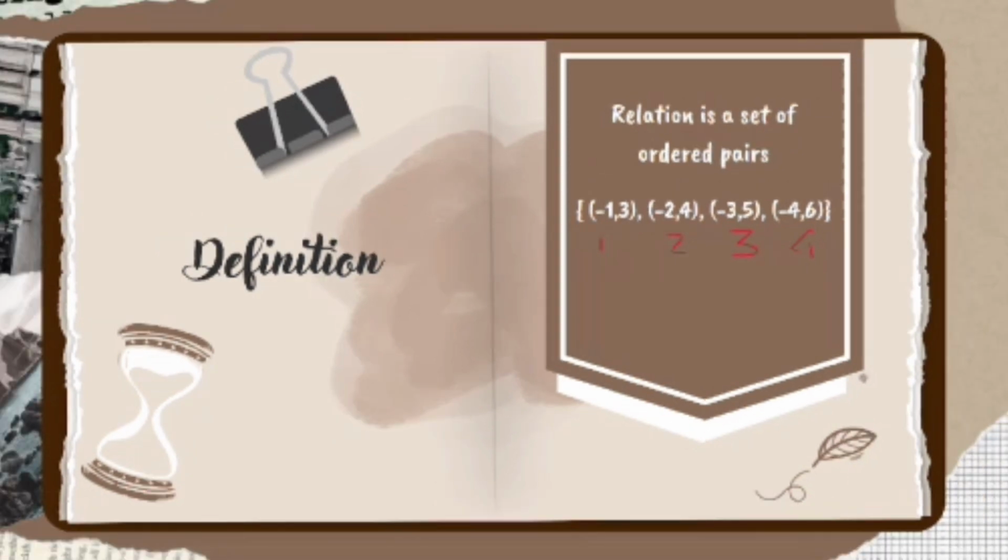When it comes to relations and functions, we have two terminologies: the domain and range. Domain, or X, is the set of all first coordinates, while range, or Y, is the set of all second coordinates. Domain, or X, is also known as input, and range, or Y, is also known as output.